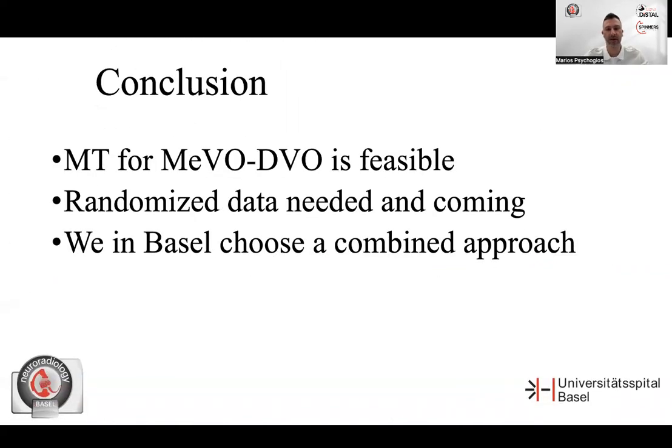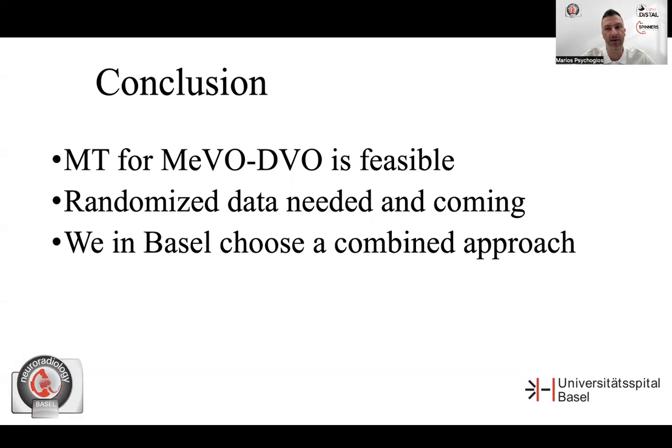So to conclude this presentation, to conclude this YouTube video, I think, and we think in Basel, that mechanical thrombectomy for MeVOs or DVOs is feasible. We have discussed a lot about the techniques that we are using and the devices that we are using, and the combination of how you would use it.